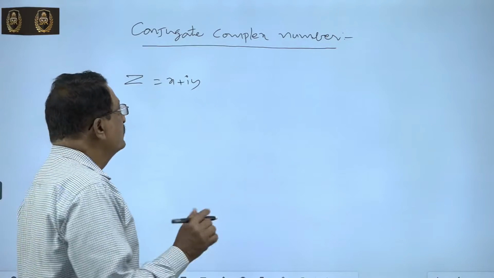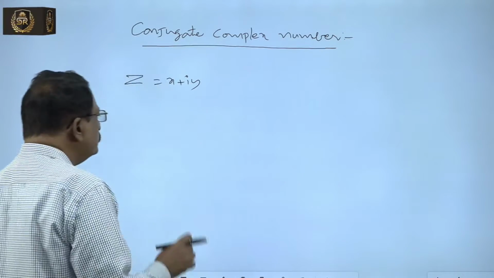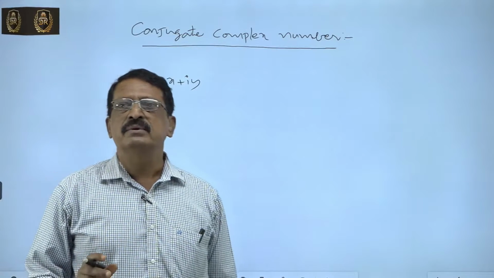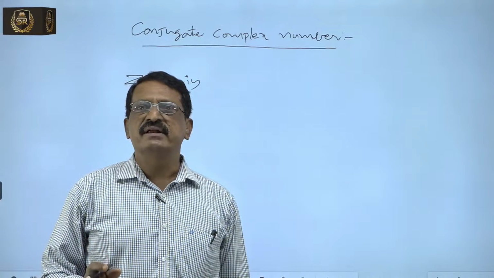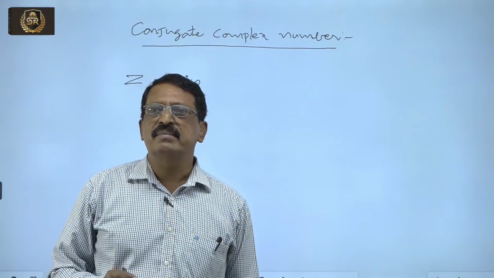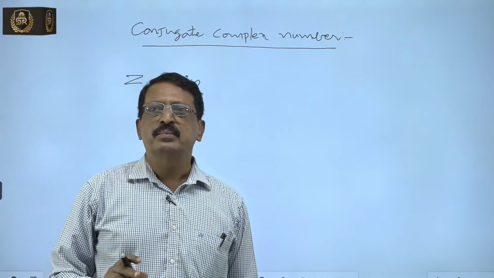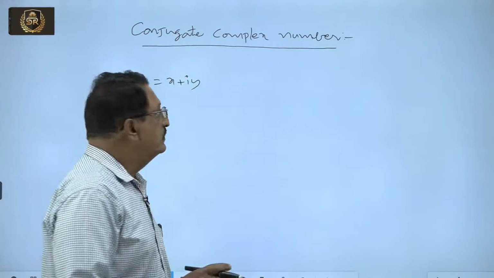If the sum and product of two complex numbers are both real numbers, then both are conjugate to each other.